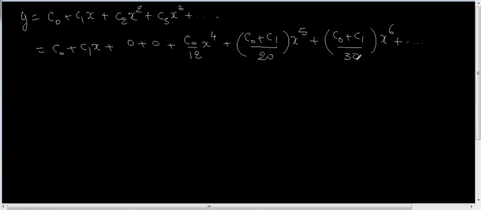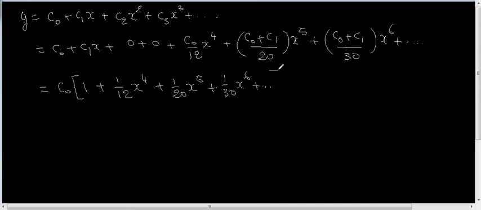x^6, and so on. Now we need two power series solutions of this ODE, so we just need to factorize with c0. The first term will be 1, the next term will be 1 over 12 x^4, the third one will be 1 over 20 x^5, and here we have 1 over 30 x^6, etc., plus c1.